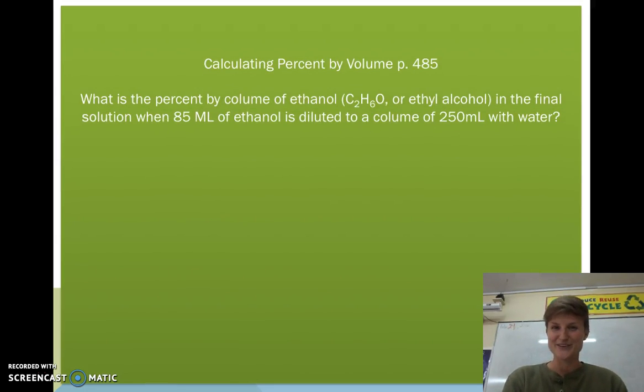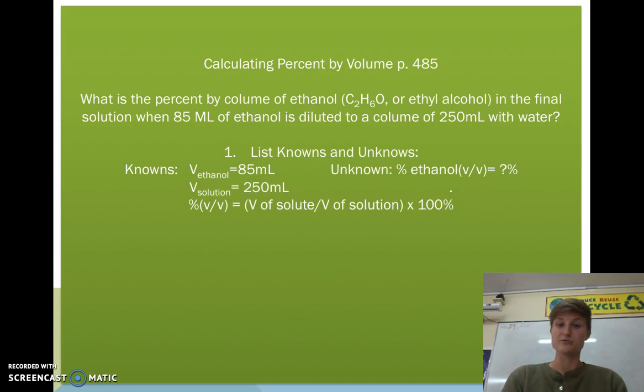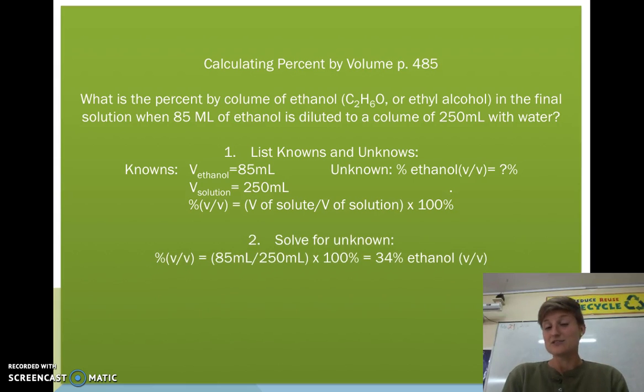Okay, so just to walk through percent by volume to give you one of those 2. What is the percent, that should say volume, of ethanol in the final solution when 85 milliliters of ethanol is diluted to a, again, that should say volume, of 250 milliliters with water? Write your knowns, your unknowns, and then solve for the unknown. So we know the volume of ethanol and the volume of our solution and our formula.